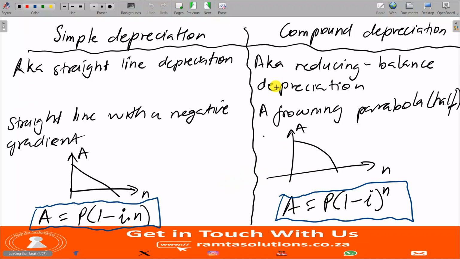You can call it reducing balance depreciation or reducing balance method, whichever you like. So remember this.